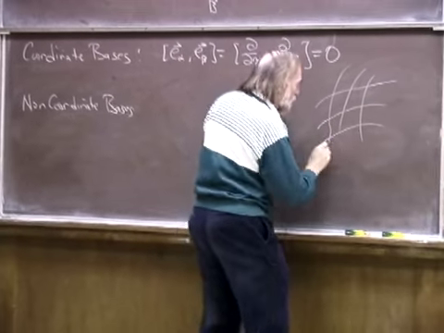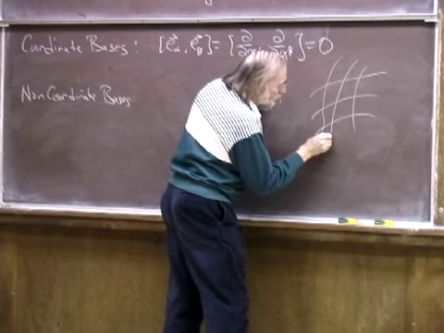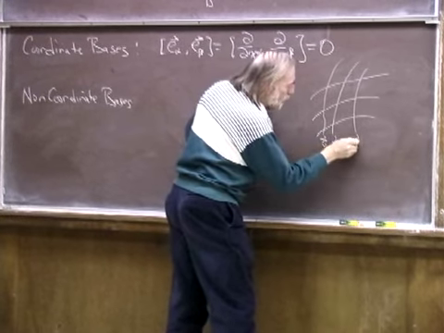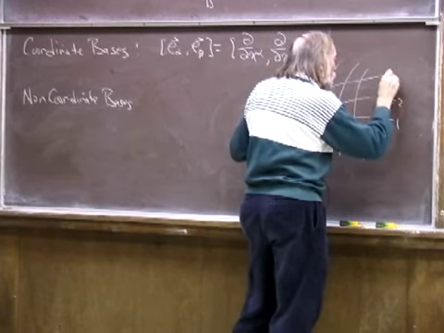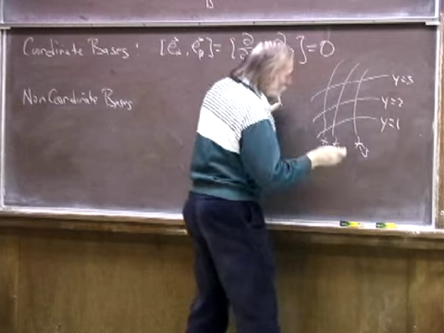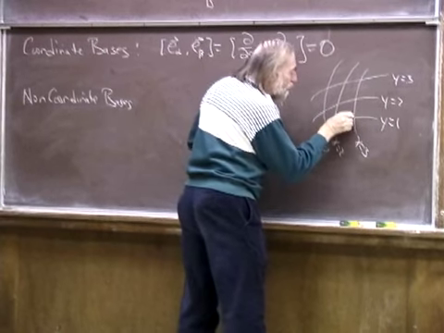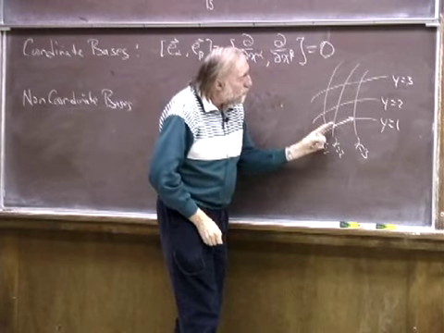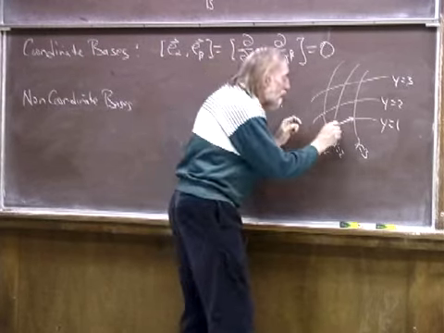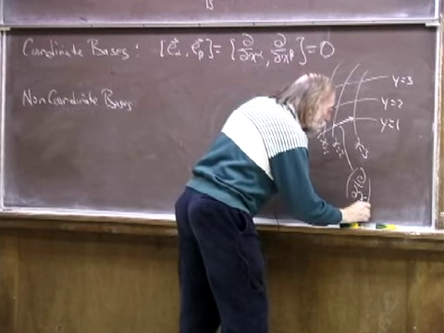If we have a coordinate system, and so this is, say, x equals 1, x equals 2, x equals 3, that's y equals 1, y equals 2, y equals 3, then the basis vector e_x is tangent to this curve, and it reaches from x equals 2 to x equals 3. That's the basis vector d/dx at fixed y.